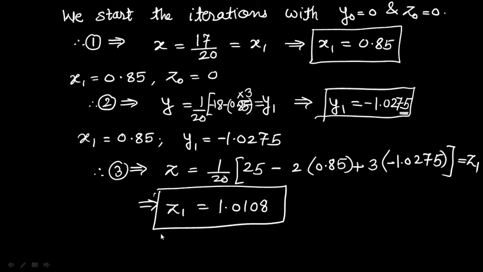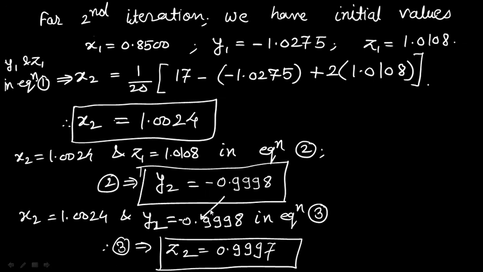Now we apply these x1, y1, z1 as the initial values for the second iteration for finding x2, y2, z2. Therefore, we substitute y1 and z1 in equation 1 and find the x2 value.